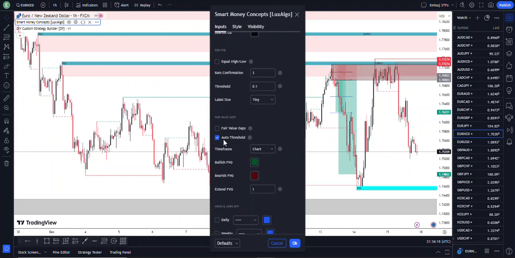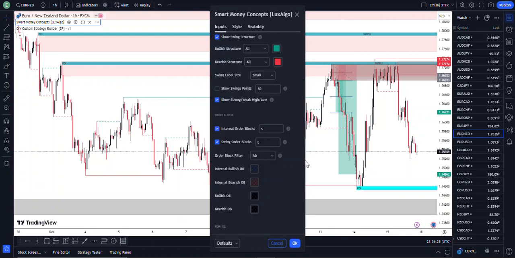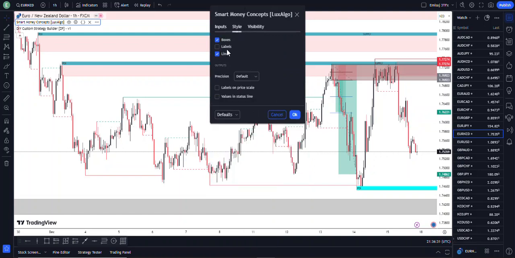Then just leave every other thing the way it is on my setting, right? So on the style, I removed labels and I left the lines and the boxes. So that is just the setting I'm using on the smart money concept LuxAlgo indicator.